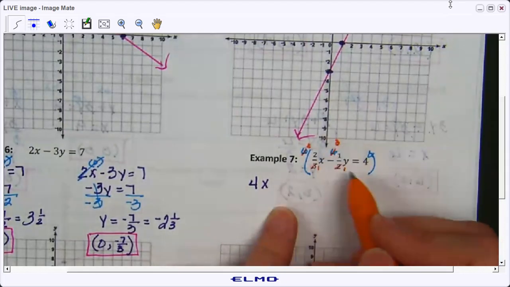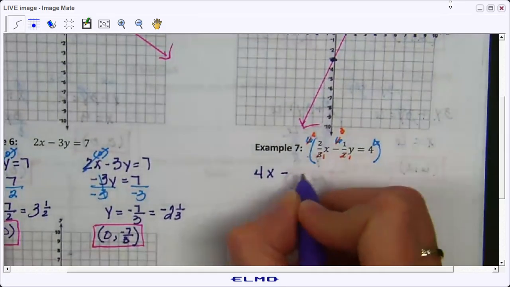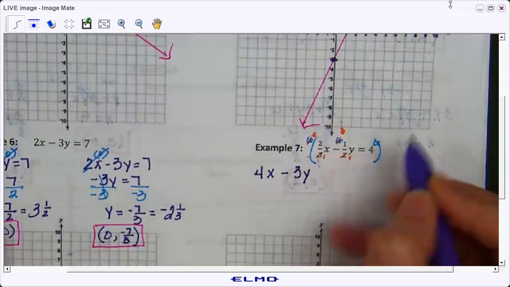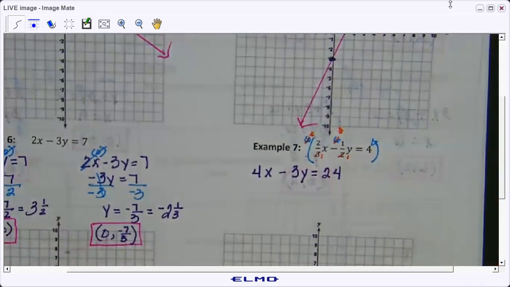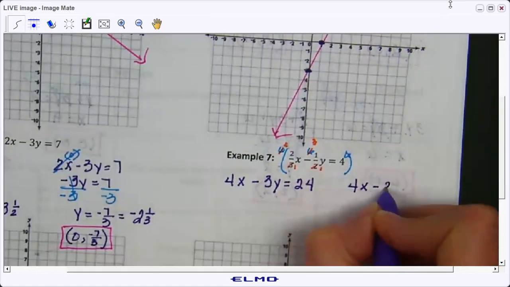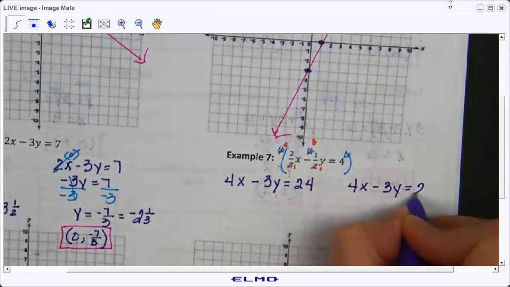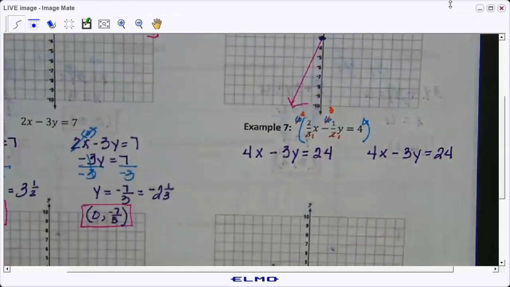And negative 3 times 1y is negative 3y. And then 6 times 4 is 24. So we've just gotten rid of the fractions and now we can find our x and y intercepts. So I'm going to write this twice for both intercepts. I'm going to pause the video while you find the intercepts for this equation.